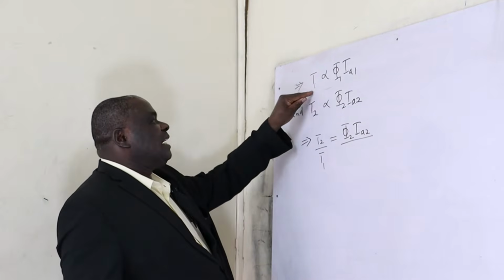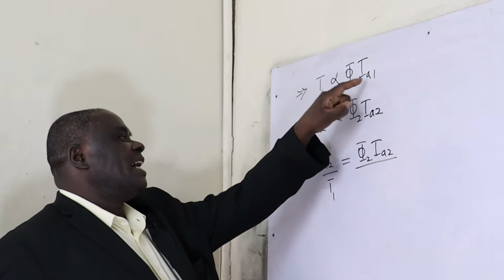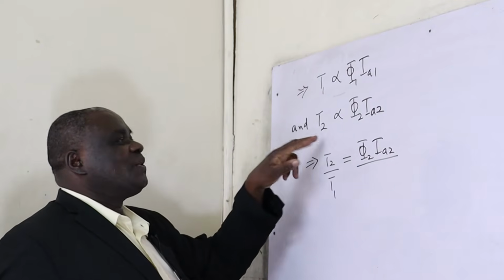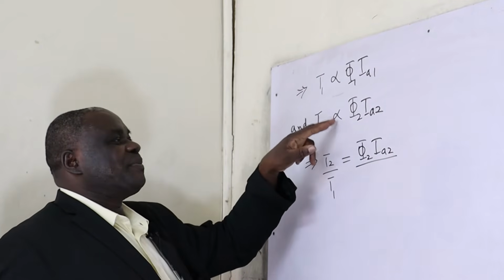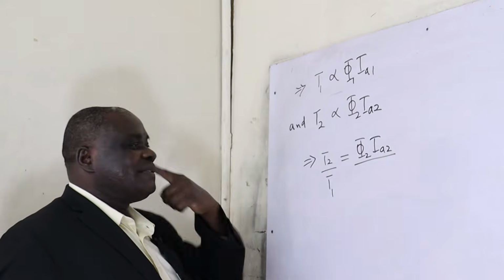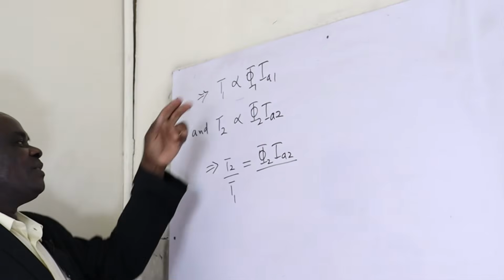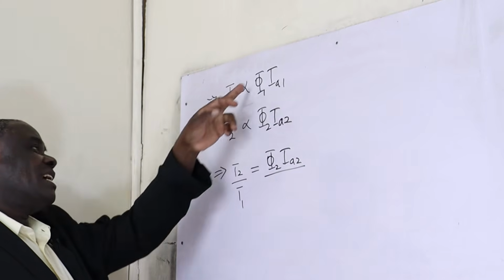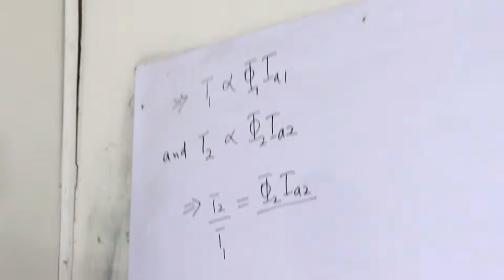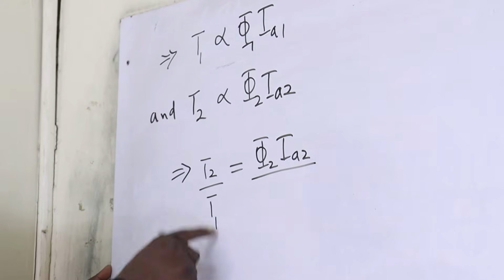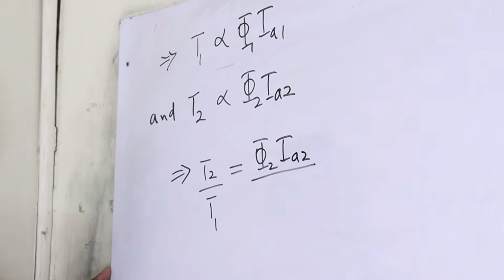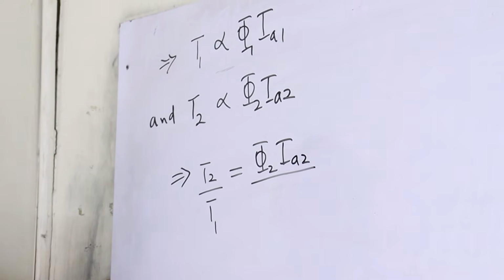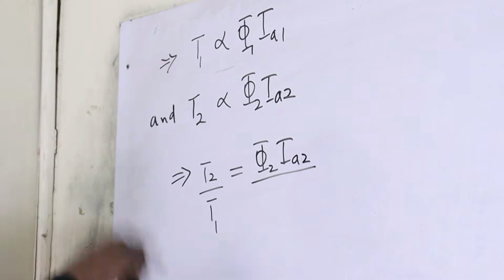So T1 is proportional to phi 1 IA1. T2, that is torque 2, will be proportional to phi 2 IA2. Because we are working with the same motor, there is that constant of proportionality. So T2 divided by T1, the two K's will cancel.